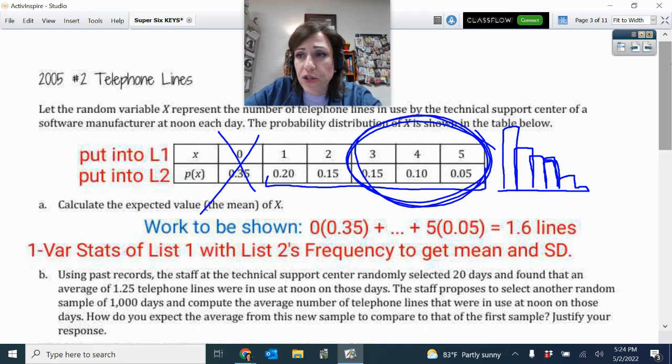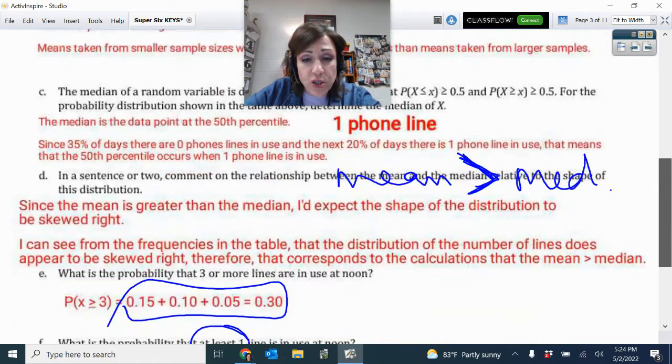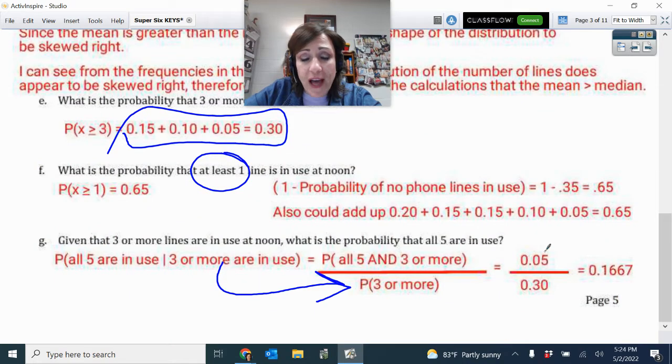So when you do your given that, it's the 5 and 3 or more, which happens to be this part. So this is the part, 5 and 3 or more, out of the whole 3 or more. So it comes out to be that 0.05 out of that 0.30. So there's a 16.67% chance that all of them are in use if you know 3 or more are in use.